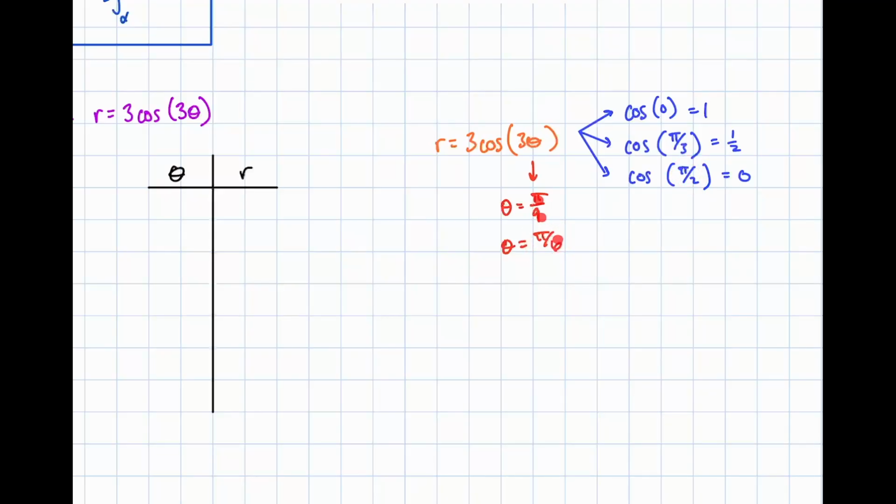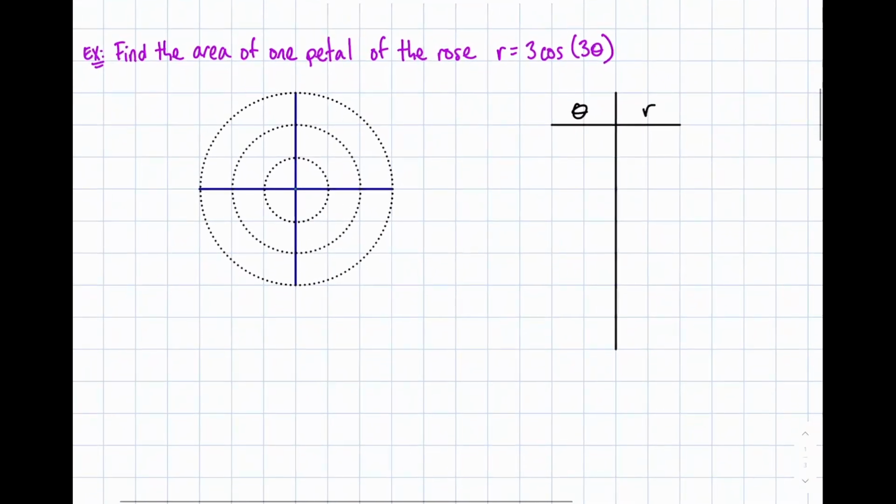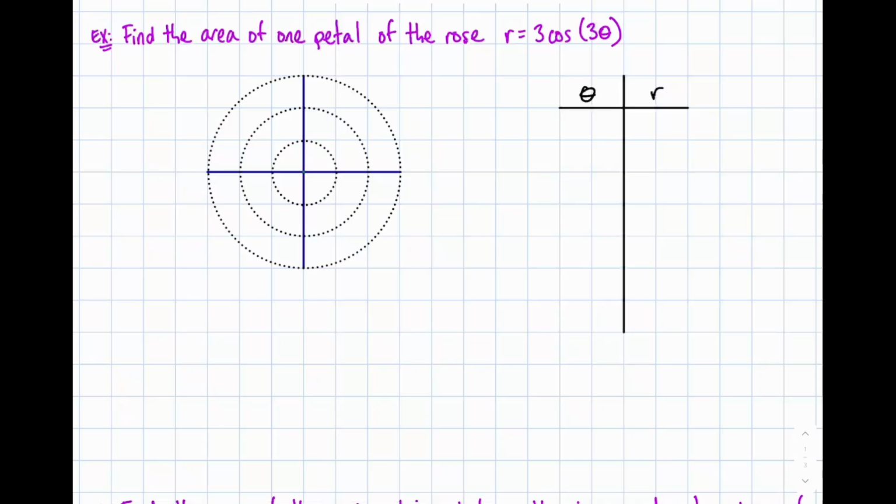Any combination of those things, like 2 pi over 9, would give me 2 pi over 3 when I multiply it. Those are the angles I'm going to try to attack when I graph this, because they'll give me nice values. So let's start with theta equals 0. I would get 3 times the cosine of 3 times 0.